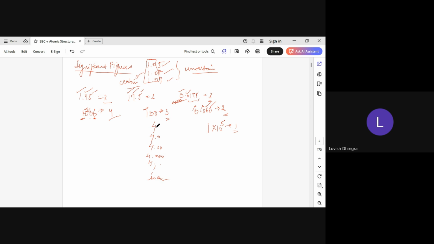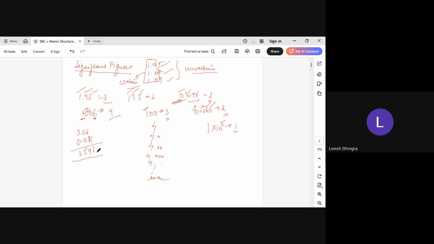Okay. Now next is addition and subtraction of significant figures. For example, I have 3.56 and 0.031. When you add them, what do you get here? 3.591.